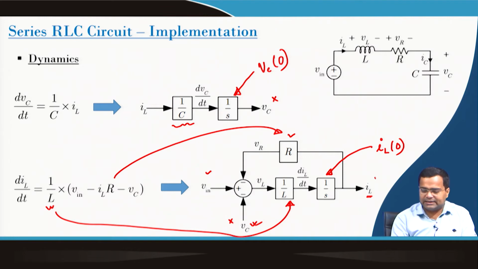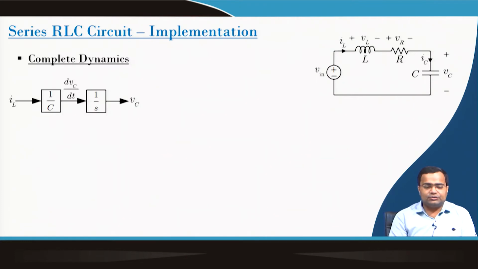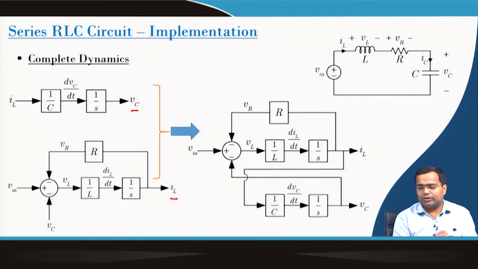We are getting IL here and we have to replace IL here. So, in the next block we are going to merge them together. One dynamics gives the capacitor voltage, the other gives the inductor current, and we need to combine them to get the complete circuit.